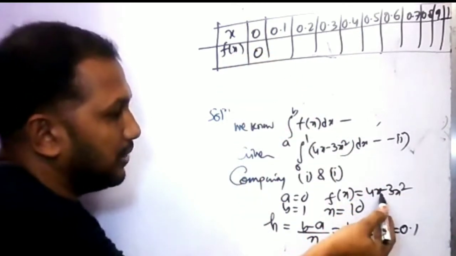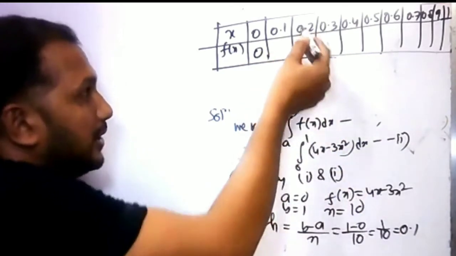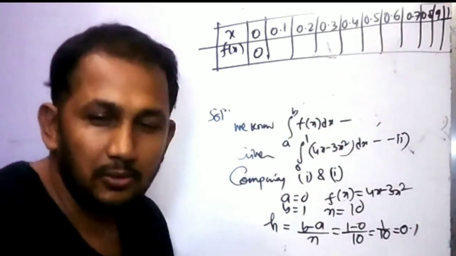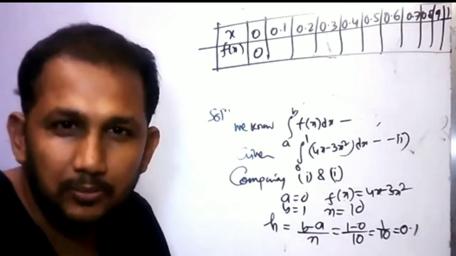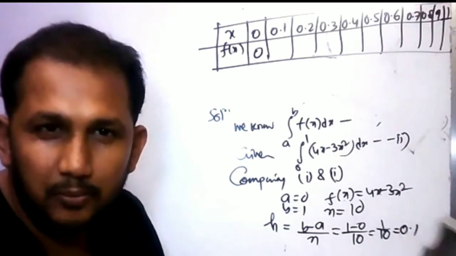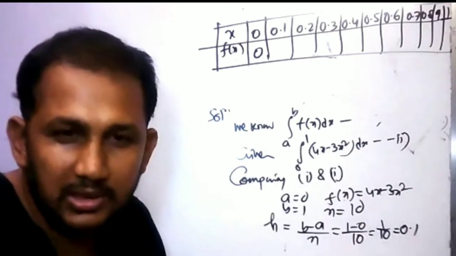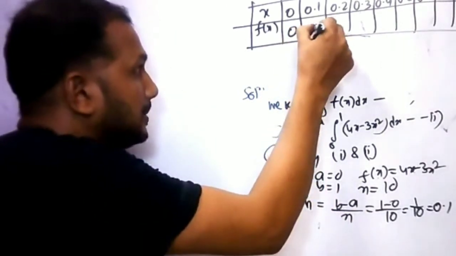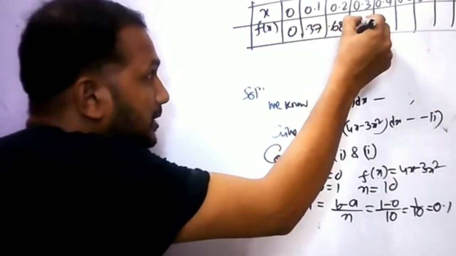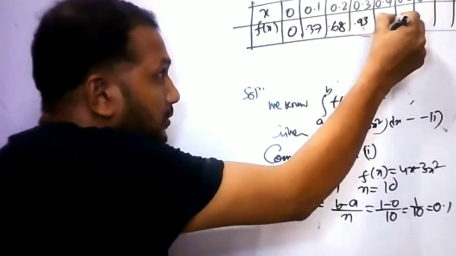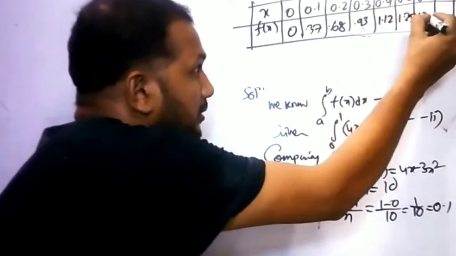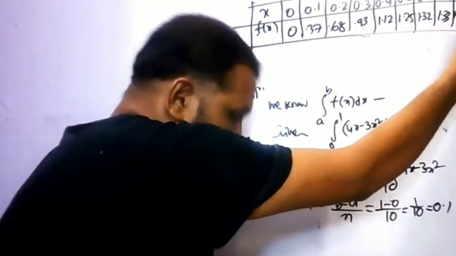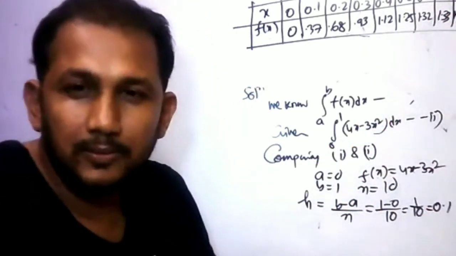Then put the value 4 into 0.1 and so on, 0.2, 0.3, 0.4; we have to calculate all these values, up to 1, in this f(x) function. The values are 0.37, 0.68, 0.93, 1.12, 1.25, 1.32, 1.33, 1.28, 1.17, 1.